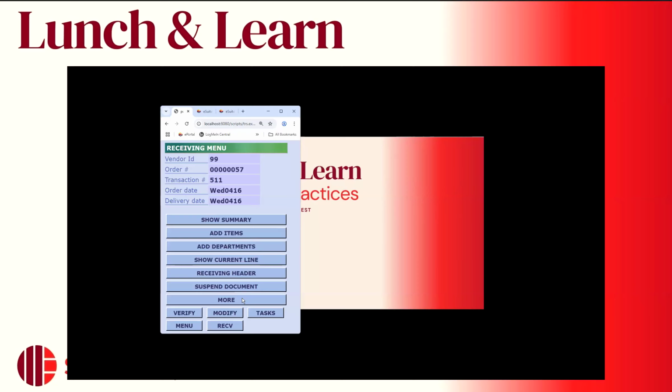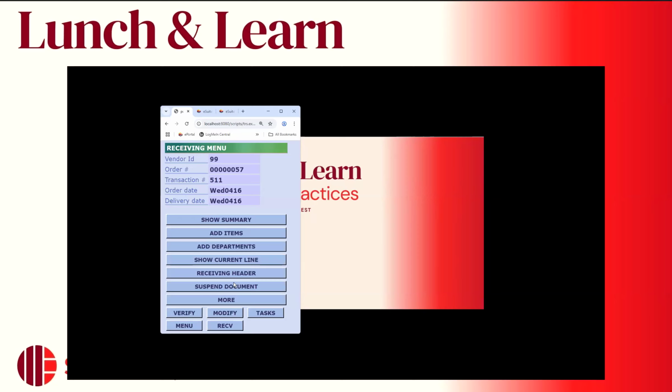Coming back in here, that's a few of the options you can do. If there's an open ring department, you have a code that's not scanning, you don't want to add the item, you can just add an open ring department as a receiving. You can look at the current line, which would be the last line that you touched. The receiving header, very similar to the purchase order. The suspend document, this would be the same idea as what I said with the purchase order.